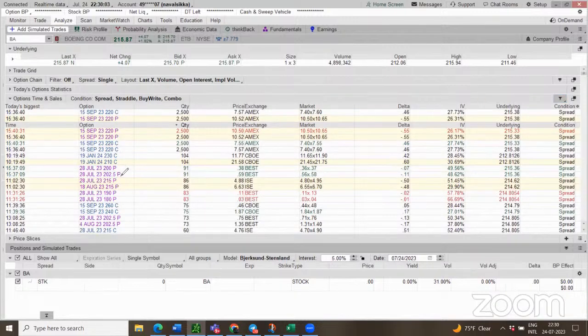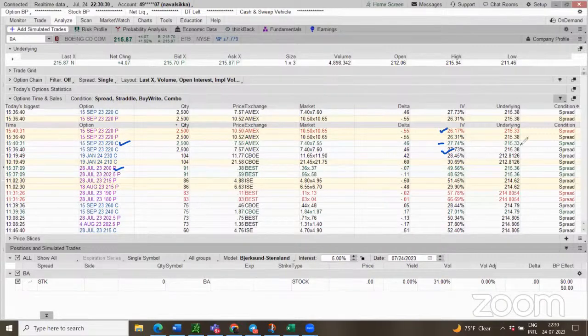The purple color shows the puts, the blue color shows the calls, the red color shows they are sold, the black color shows they are in between, and the green color shows that they are aggressively bought.